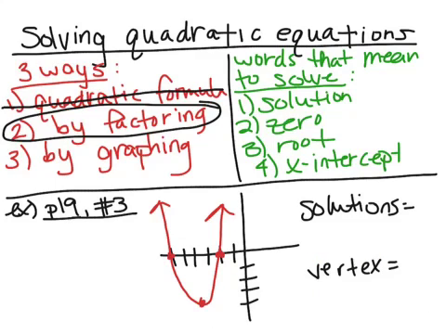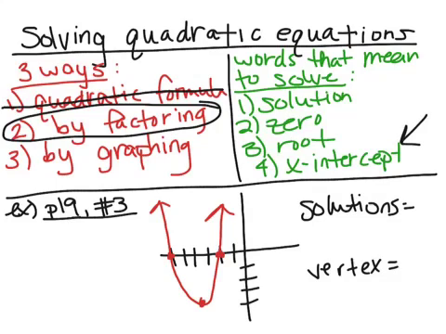Also, I can solve a quadratic equation by graphing. Your question might say, find the solutions to this equation, or find the solutions to this graph, or what are the roots of this function, or identify the x-intercepts of this quadratic equation. All of those questions mean the same thing. What I'm looking for is the x-intercept.